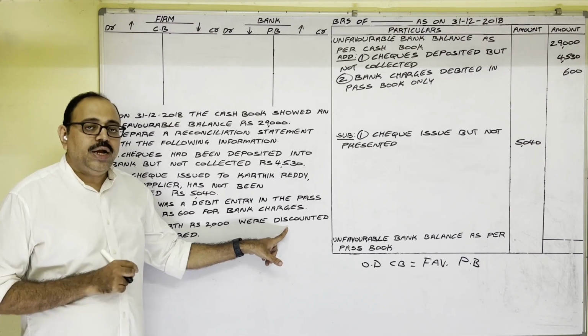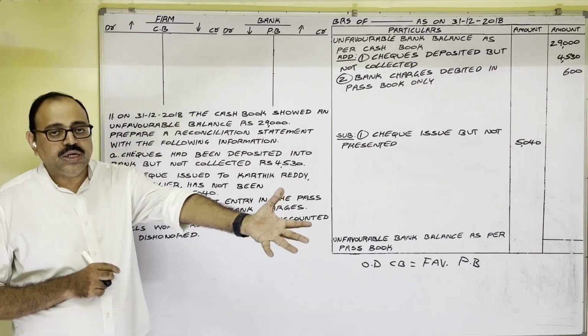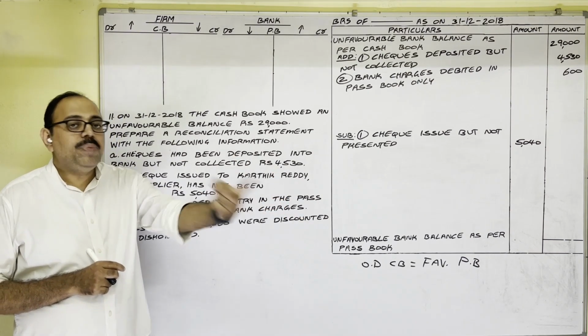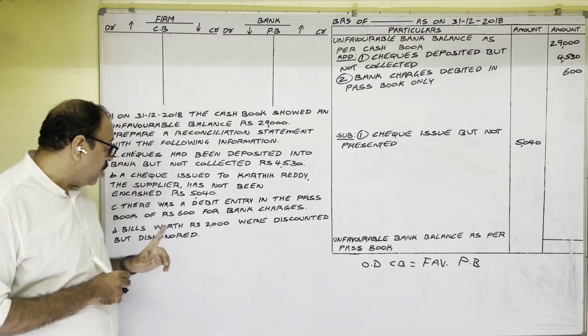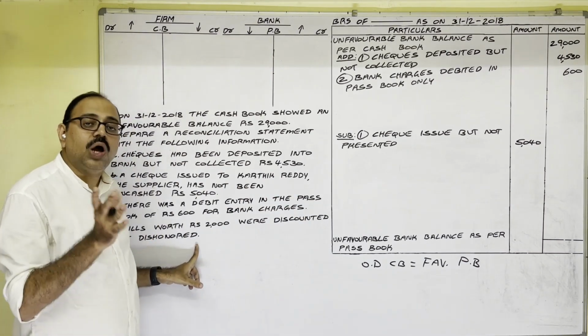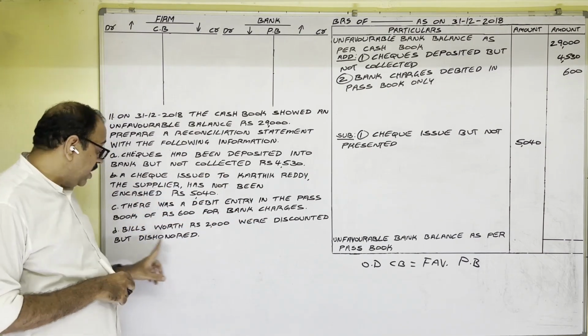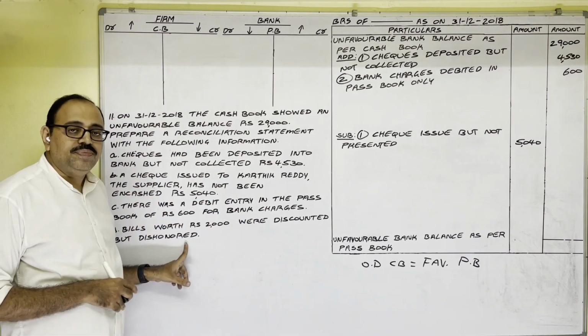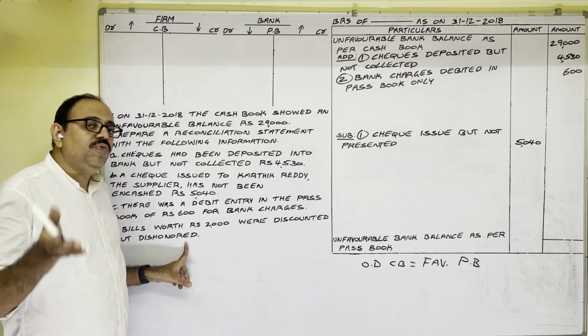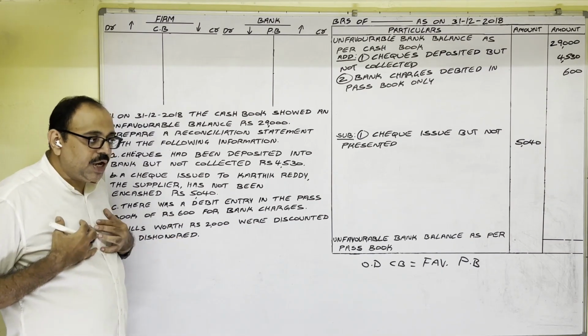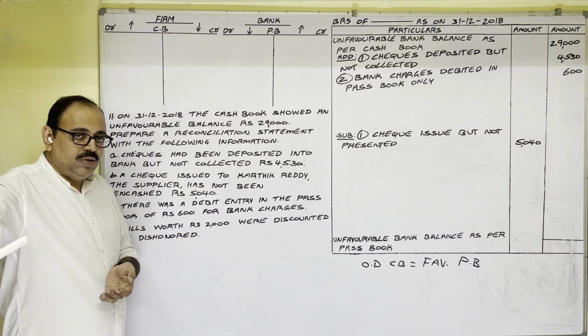And on the due date, if that person, the drawee, pays the money to the bank, the bill is honored. If he refuses to pay the money, that is called dishonored. Here what happened? Before 2 months, as we needed money, we sold the bill to the bank.